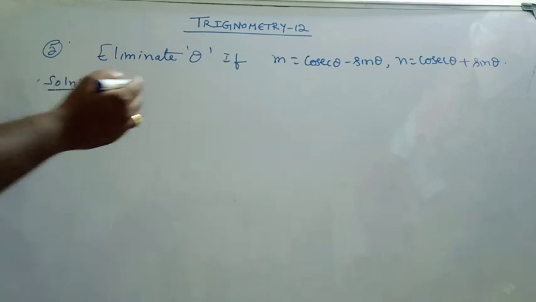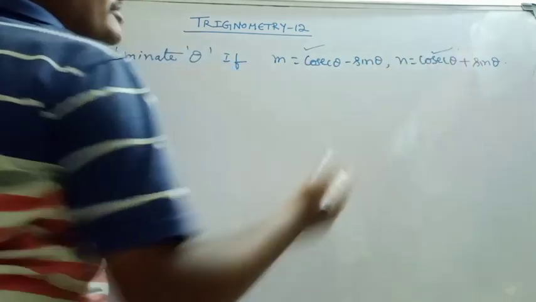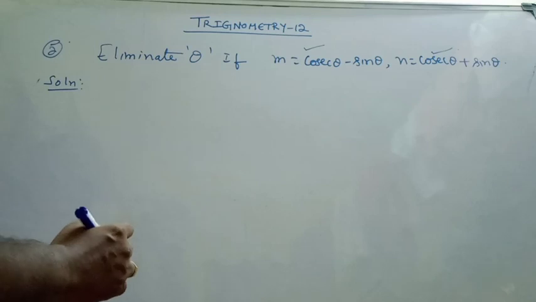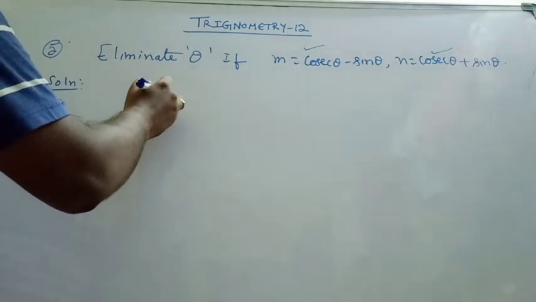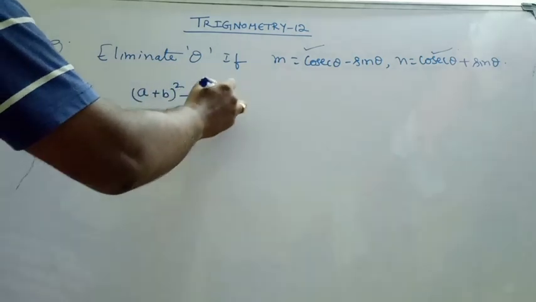Here you see, my dear students, m is equal to this they have given and n is equal to this they have given. Cosecant theta minus sin theta, cosecant theta plus sin theta. I think by looking at this, you will be getting an idea. For example, I am going to use the formula a plus b whole square minus a minus b whole square.